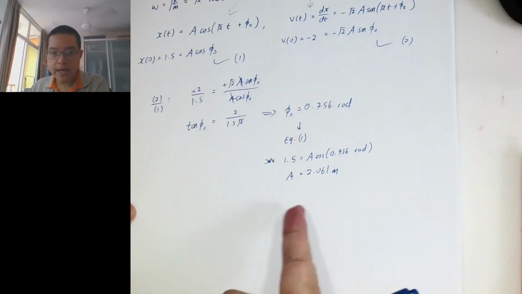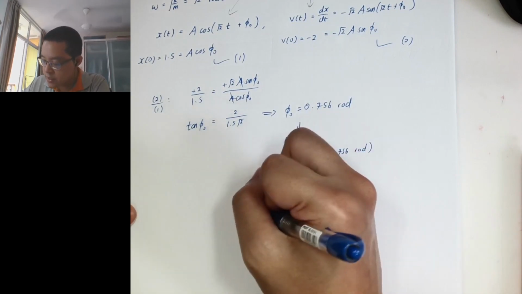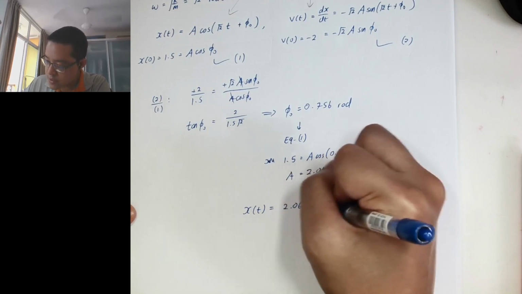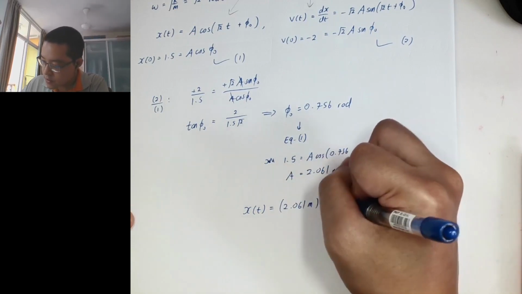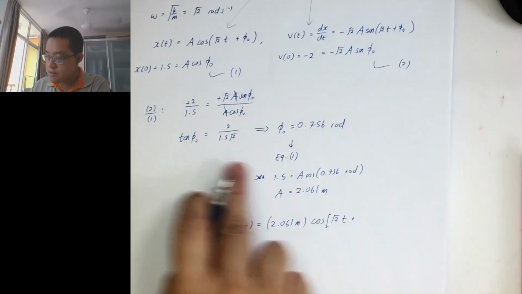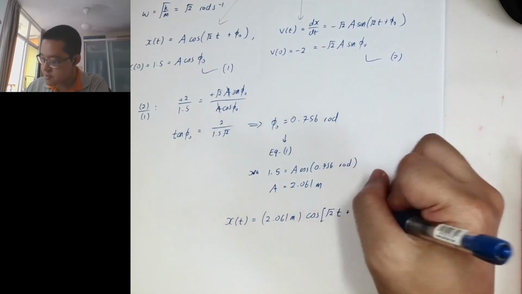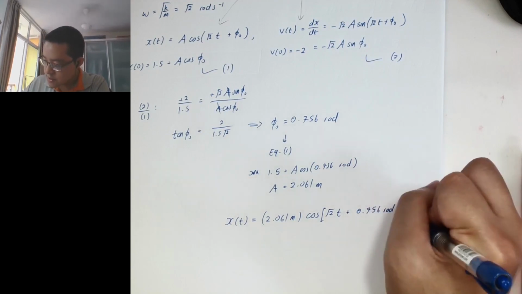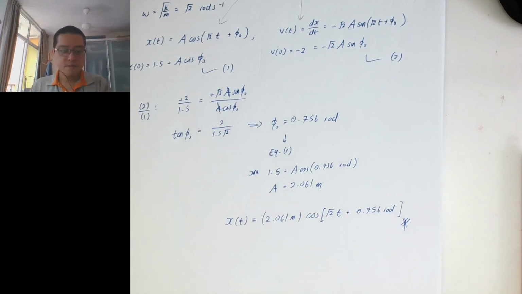So I got my A and I got my phi 0 already. So my full solution is 2.061 meters times cosine of square root 2 t plus the initial angle of 0.756 radians. So this is my answer.